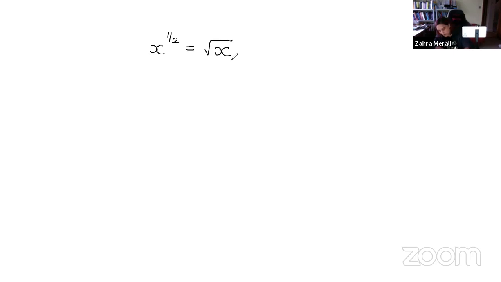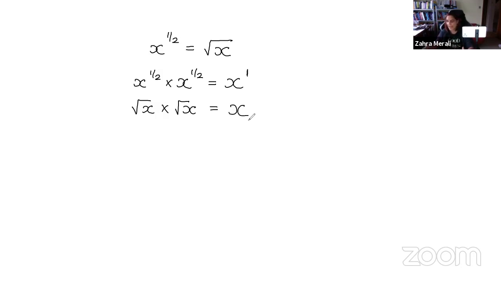We know if we have x to the half and we times it by itself, our number one rule for indices was that we add the powers. A half plus a half gives you 1, so we get x to the 1. In the same way that the square root of x times the square root of x would be x squared, which would just give you x as well.